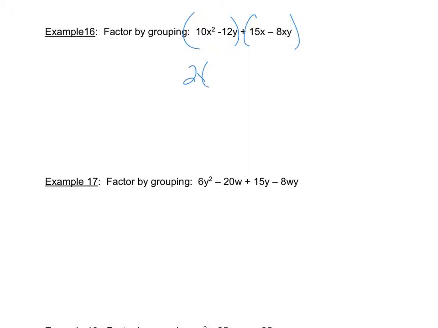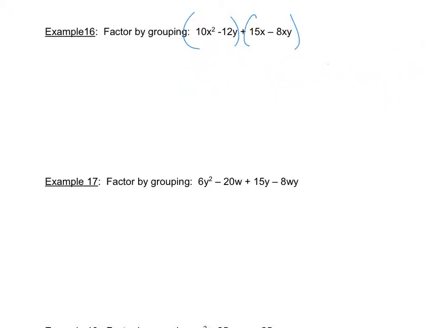So if I factor out a 2, you have 5x squared minus 6y. Here, what do the next two have in common? No numbers in the x. So if I factor out an x, I have 15 minus 8y. Do the two parentheses match? No. So we have to rearrange these somehow.